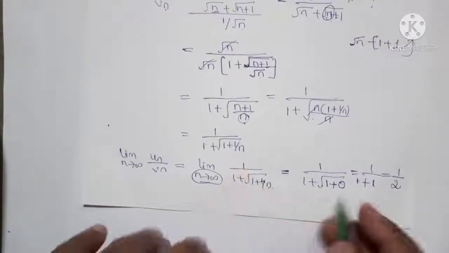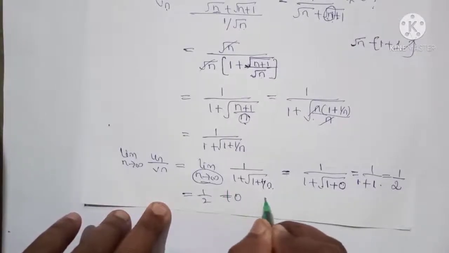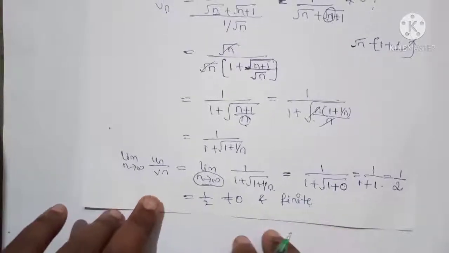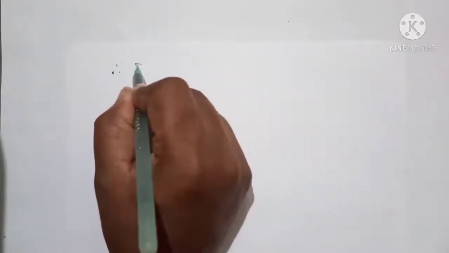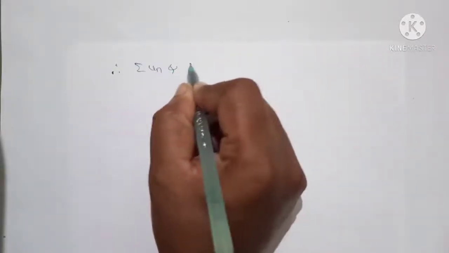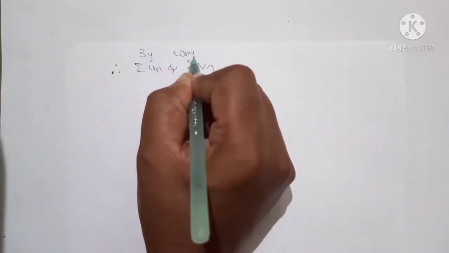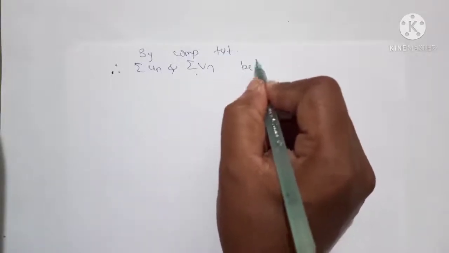So 1 by 2 is a non-zero quantity, and also it is a finite quantity. So therefore we can say that summation Un and Vn behave the same. Therefore, by the comparison test, summation Un and Vn behave the same.